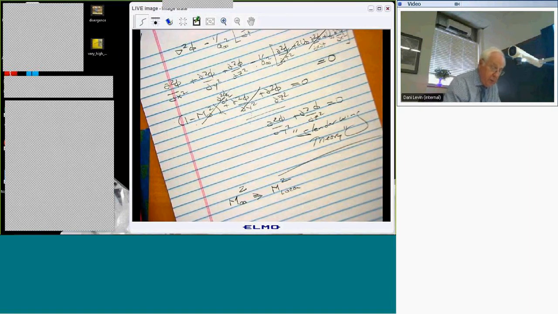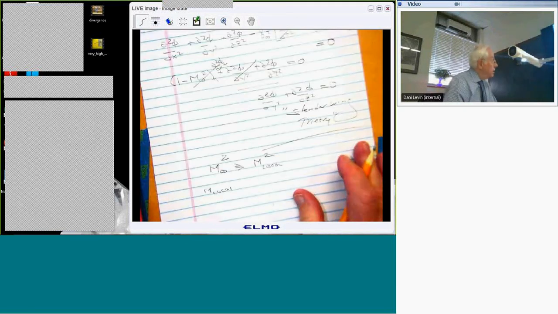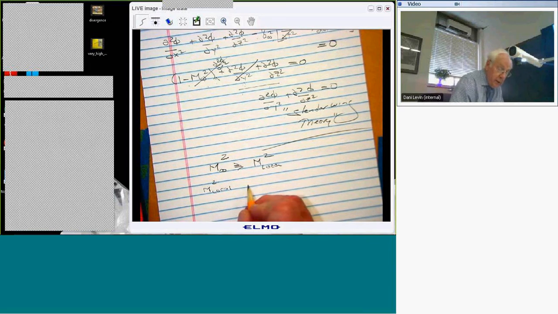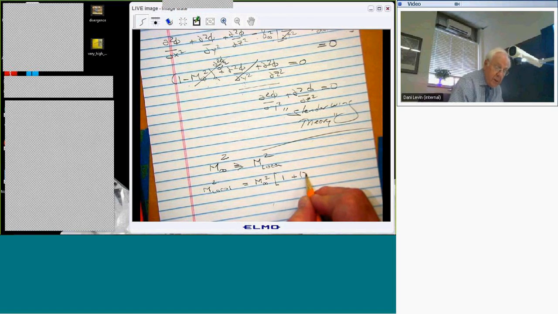As you would expect, the local Mach number squared is equal to the free stream Mach number squared times a factor, which is 1 plus (gamma plus 1) times phi_x over U infinity.